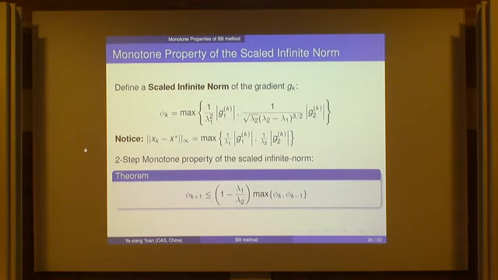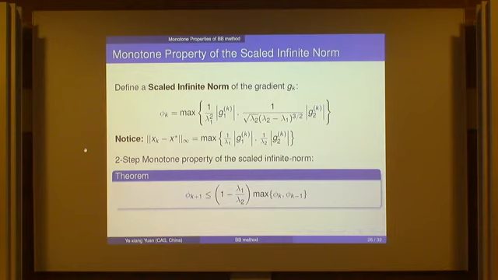If we define this, it is an interesting norm, because look at x_k minus x star, which is the solution, and define the infinite norm. It's actually like that. So you compare these two, and this is a very nice approximation to the infinite norm.